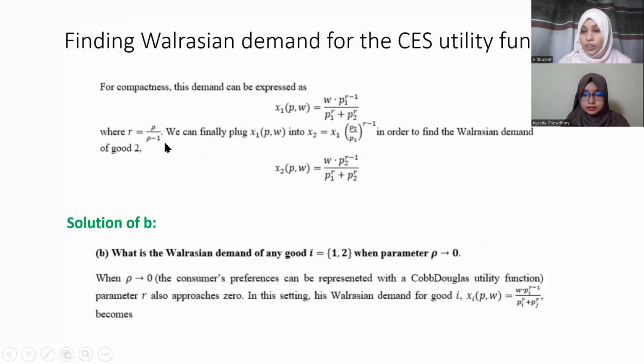Then we can finally plug x1 into x2 in order to find the Walrasian demand of good 2, and hence x2 is equal to w p2^(r-1) divided by (p1^r + p2^r). So here is the end of the solution of question A.